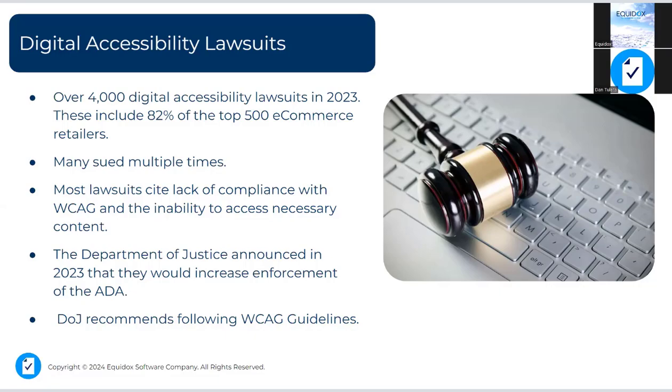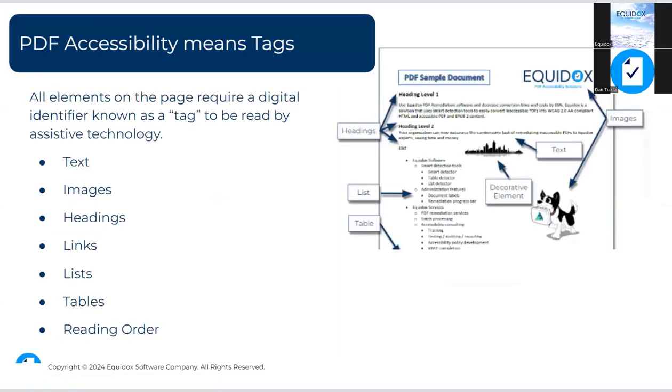These increasing numbers of lawsuits are not going to stop increasing until these organizations make the necessary changes and improvements to their digital content. So again, it's just not slowing down. The ADA is not going anywhere, and people are going to continue to become more and more reliant on digital information. So we have to start working through our backlogs and PDF problems.